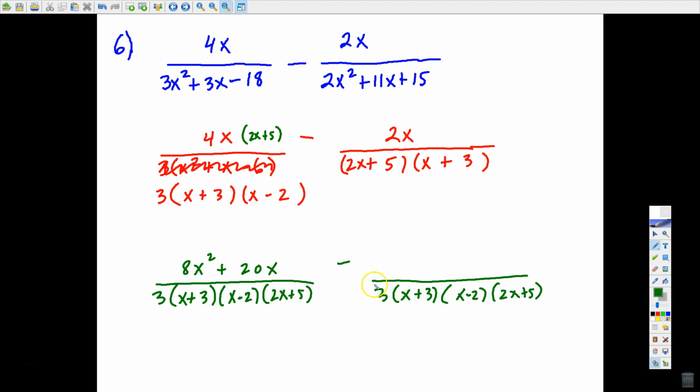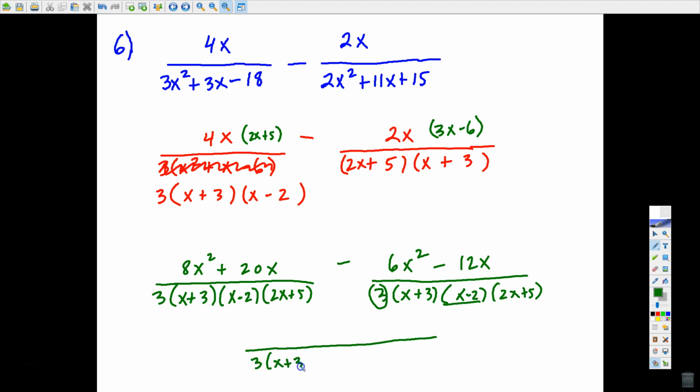Everything cancels except for 3 times x minus 2, and that's 3x minus 6. So when you multiply 2x times 3x, that's 6x squared, and 2x times negative 6 is negative 12x. And now we're ready to put these together as one fraction over the common denominator.